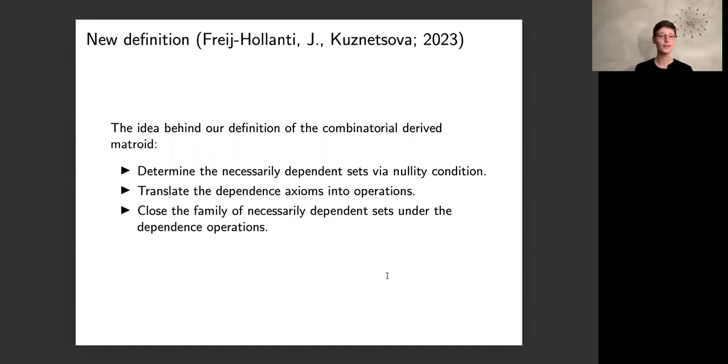So what do you do? Well, you add some things to it in order for it to satisfy the matroid axioms. How do we do that? Well, we have a good look at the dependence axioms. We make operations on them. And then we take this family of necessarily dependent sets and we close it under these dependence operations. And so our idea is some things always have to be dependent, and then we close them under the dependence axioms.